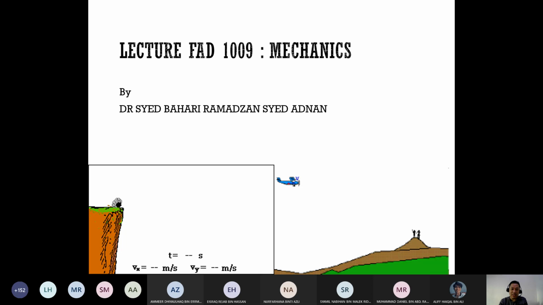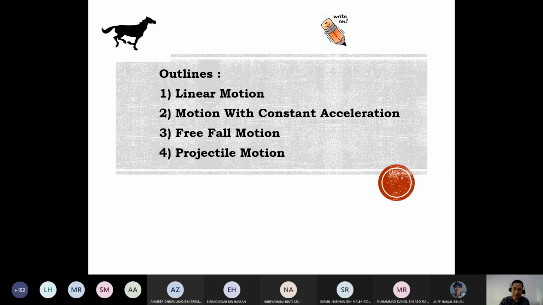Okay, so for this mechanics, this is the topic that I cover. I start with linear motion, then motion with constant acceleration, then free fall motion, and then projectile motion. Of course I know the school syllabus also covers this type of outline, but maybe it's just roughly on the surface.